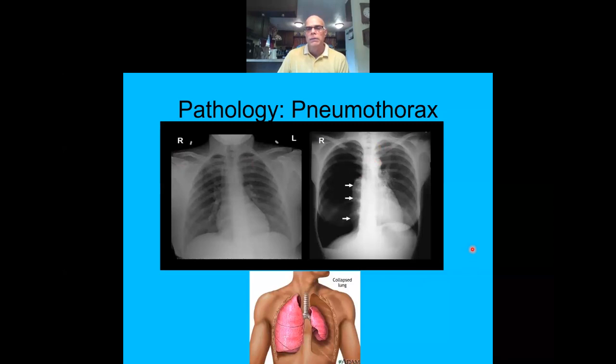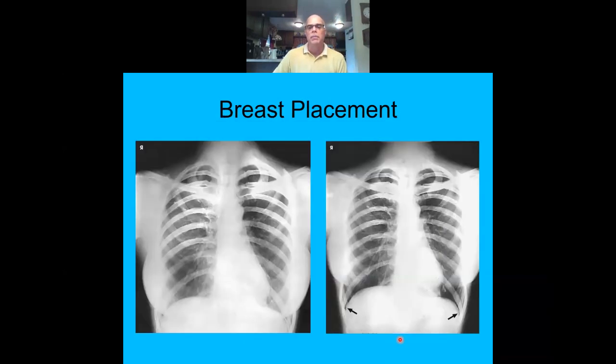Okay, let's see. I was hoping that I had more of the anatomy. Breast placements here, obviously, we will have to be cognizant of this. We will cover this in our positioning, but you can see what the image of a breast can do to the appearance of the lungs.